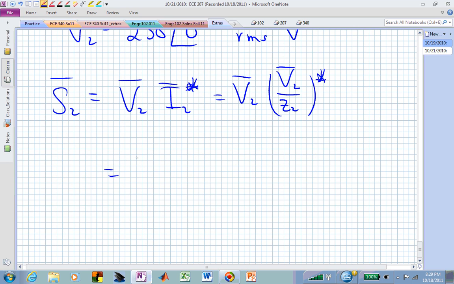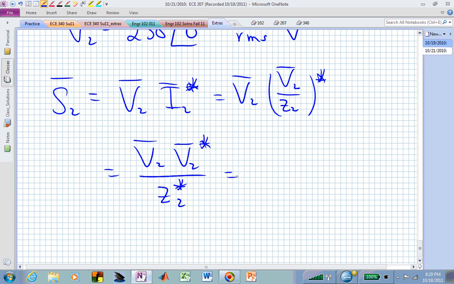That now allows us to say that we have V sub 2 times V sub 2 conjugate over Z sub 2 conjugate, if we conjugate both terms in that parenthetical equation.